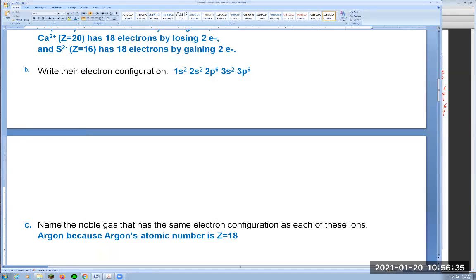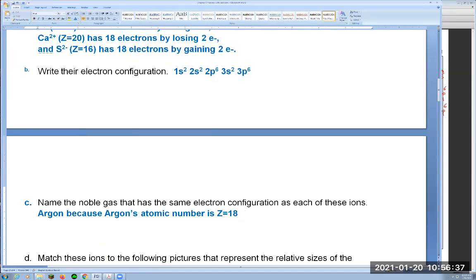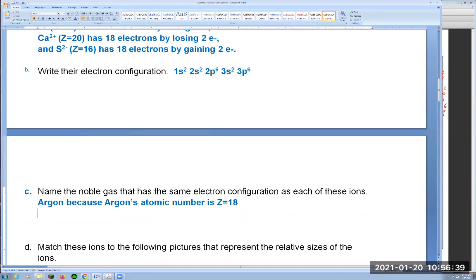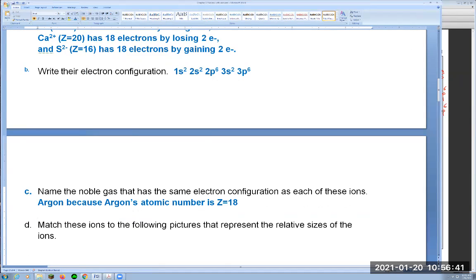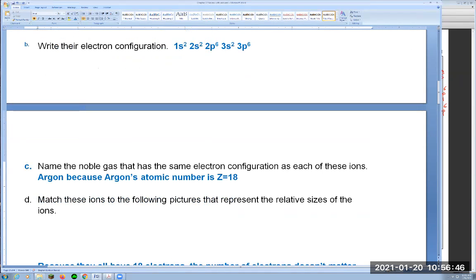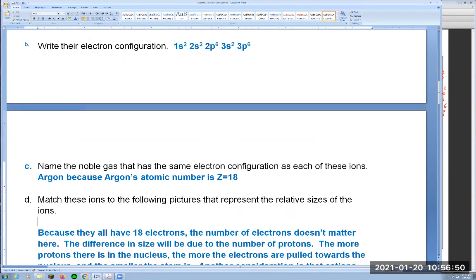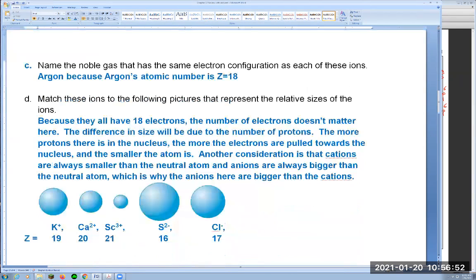So let's look at the next question. We need to match these ions to the following pictures that represent their relative size. I will show the whole thing before I show the drawings here.